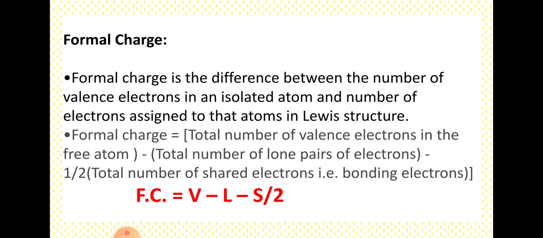Number 3, the lone pair of electrons of an atom belong to that atom only. In a neutral molecule, the sum of all the positive and negative charges is 0. In an ion, the sum of the positive and negative charges is equal to the charge of the ion.